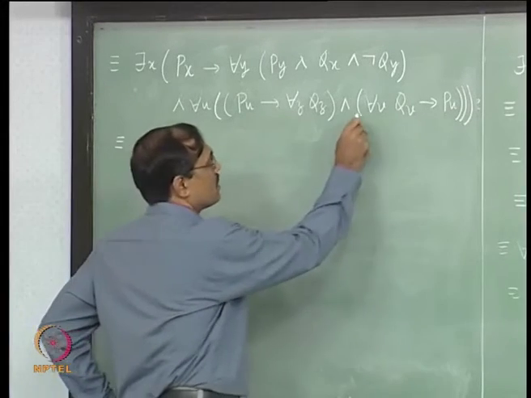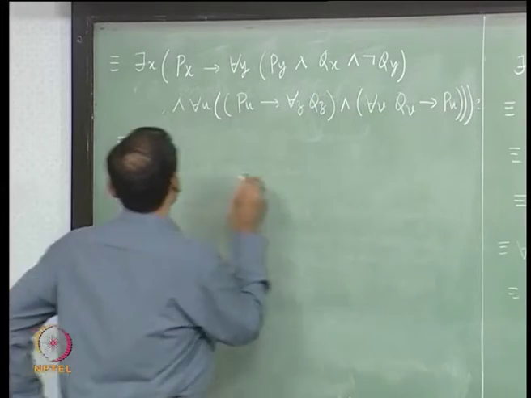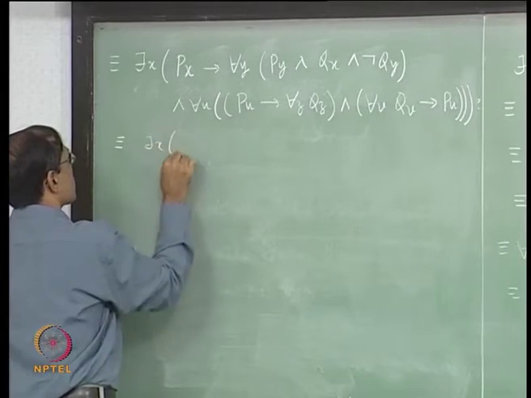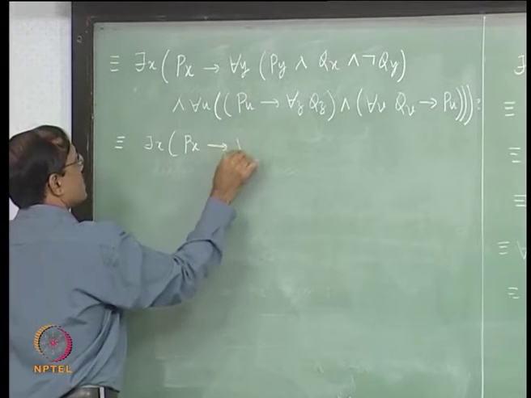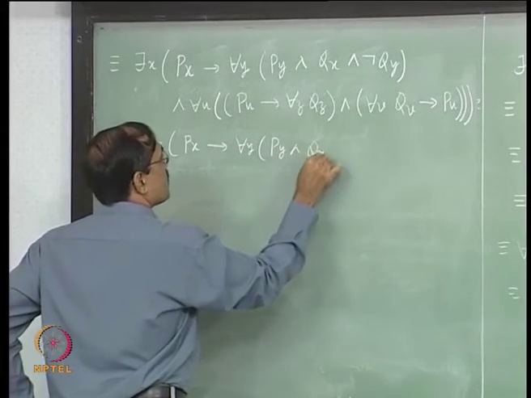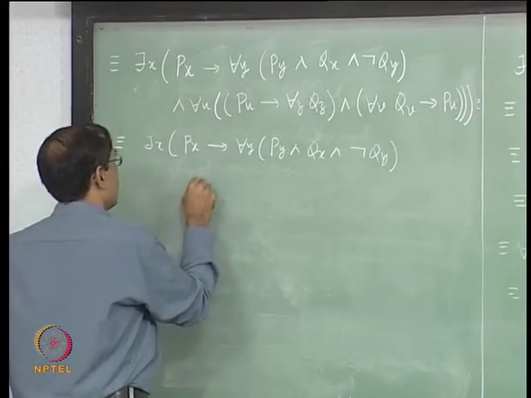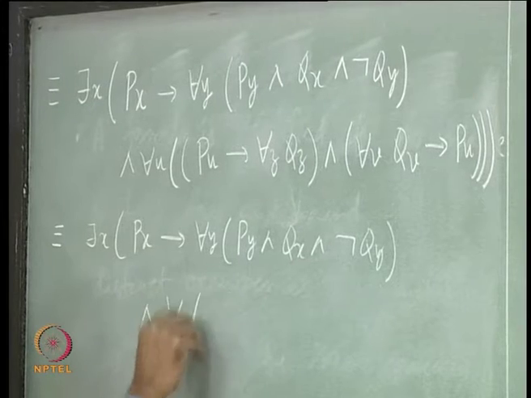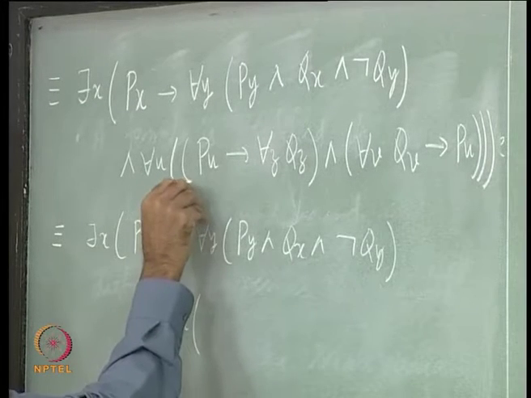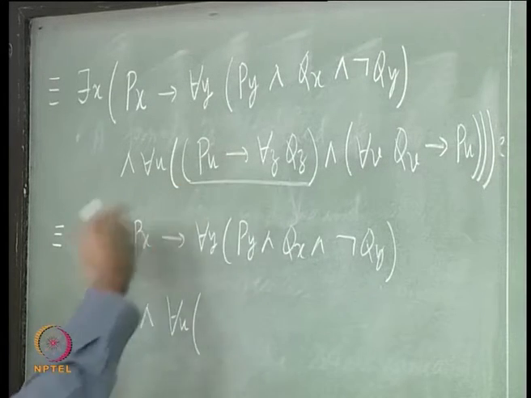Let us start from this one, we are doing one only. So we will write there is x, p x implies for each y p y and q x and not q y, and for all u. What about this? For all z comes out.